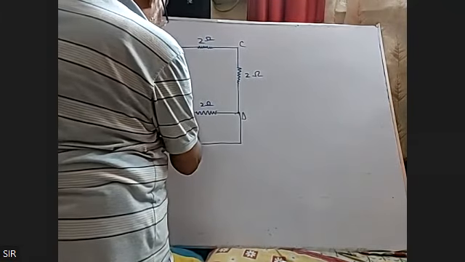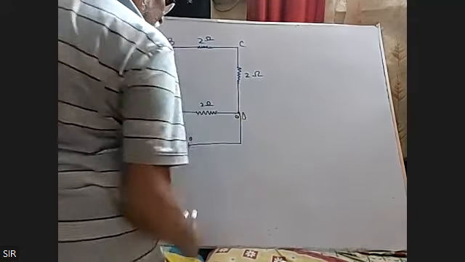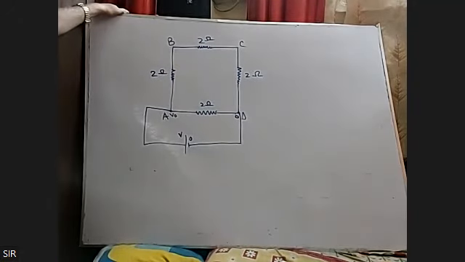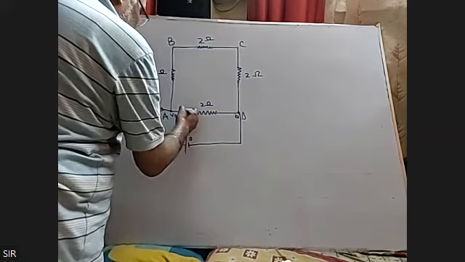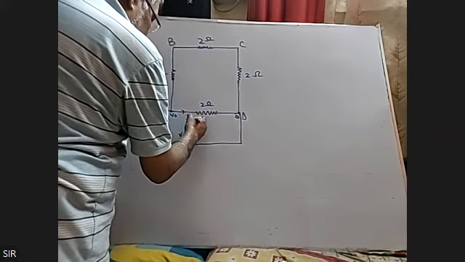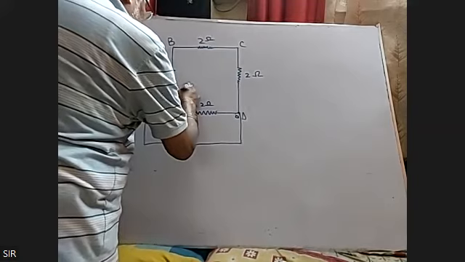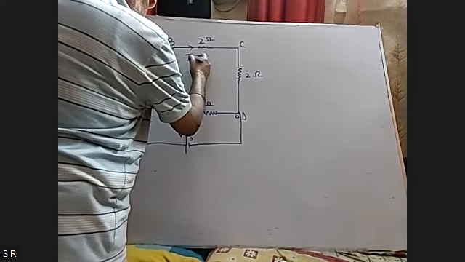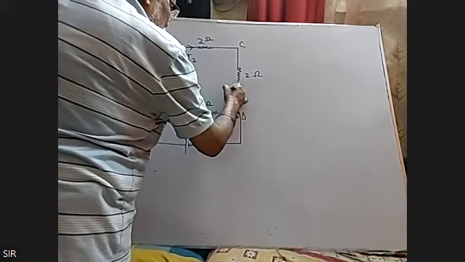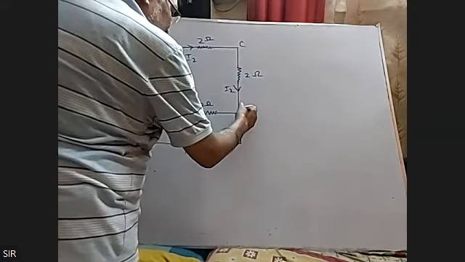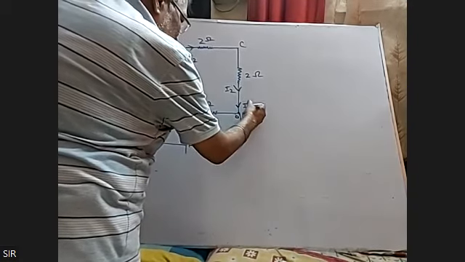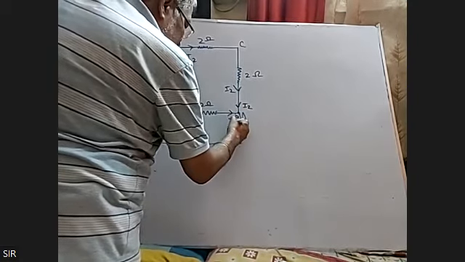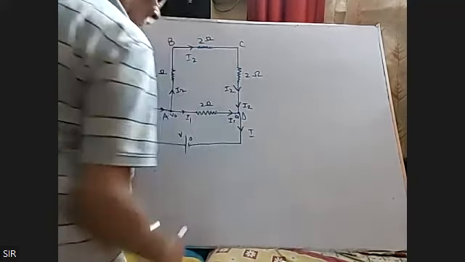That means this is at V and this is at 0, or not? Yes. Now the current will flow. I1 will go here, I2 will travel like this, right? And here I2 and I1 again will become I. Am I right?